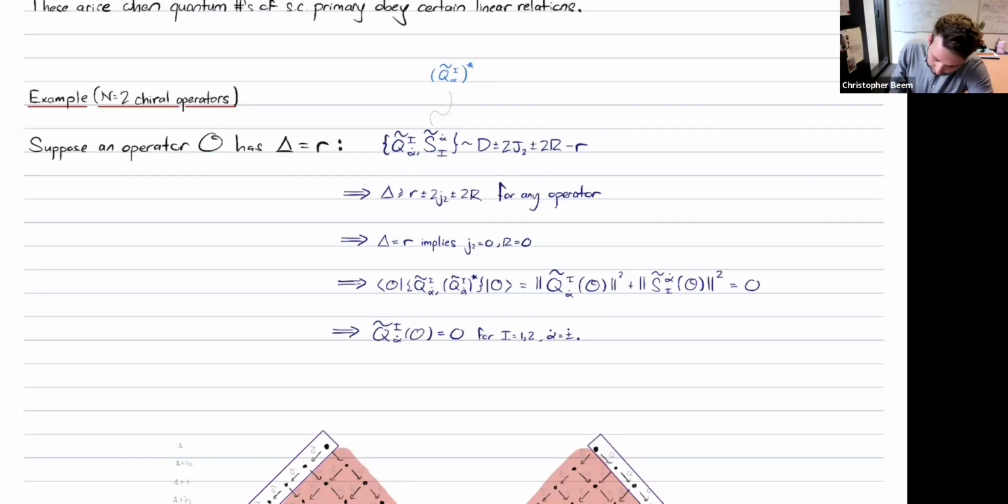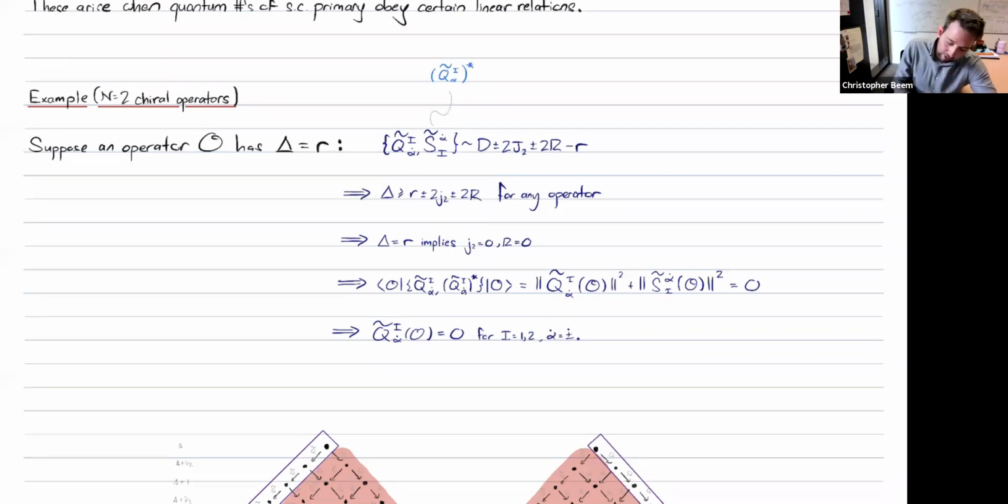But moreover, if your dimension is equal to your U1R charge, then by playing around with these positivity conditions, you find out that the SU2 spins and SU2R quantum numbers have to be 0. And in addition, the operator that obeys that condition is going to have to be annihilated by both Q tilde and S tilde for all assignments of the indices.